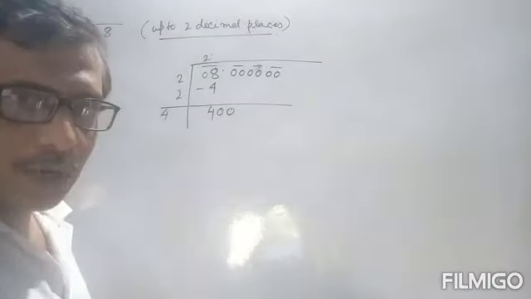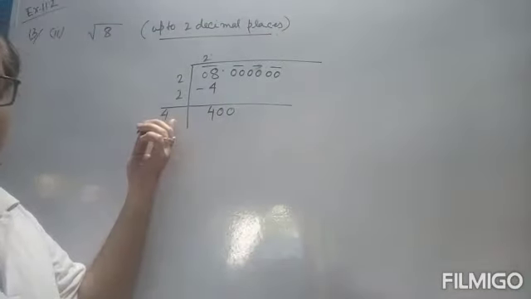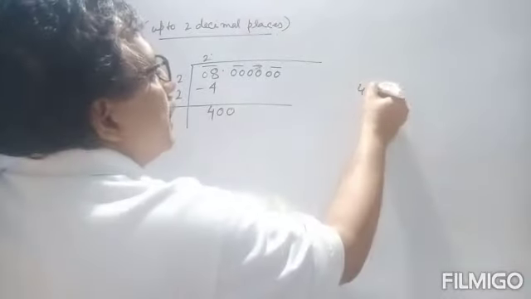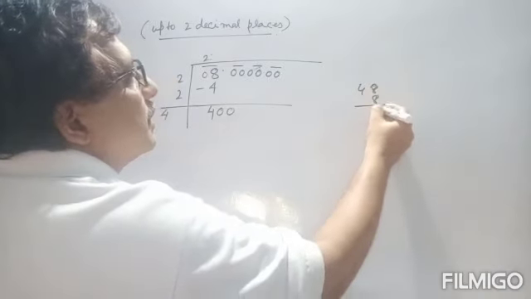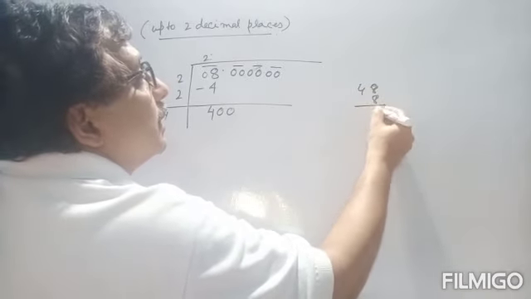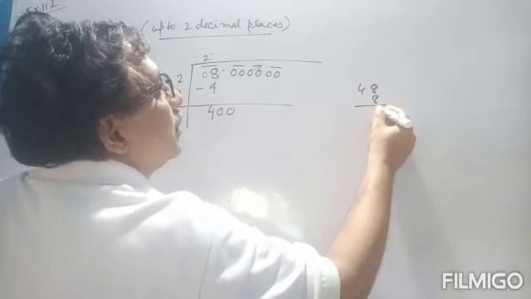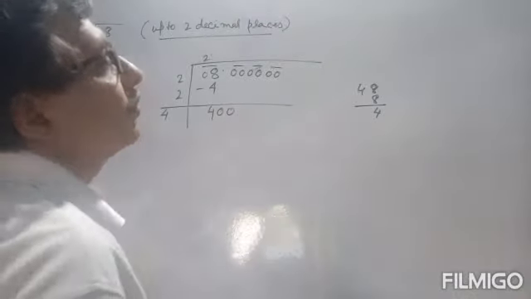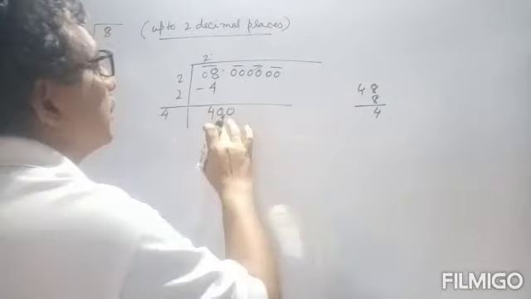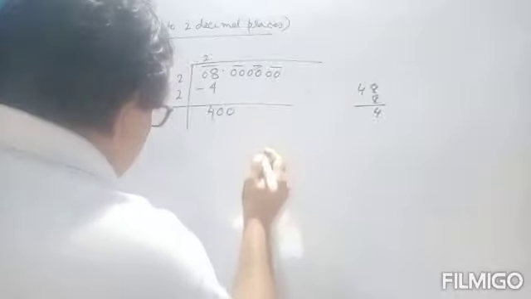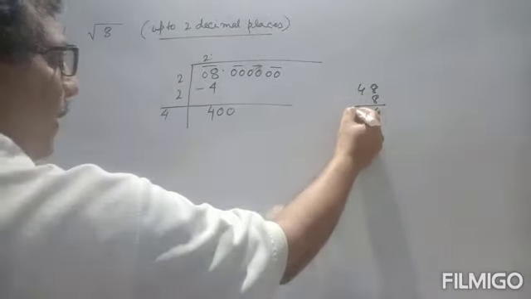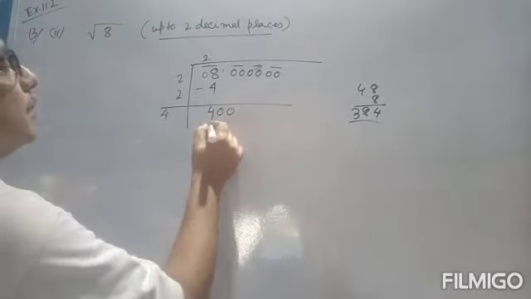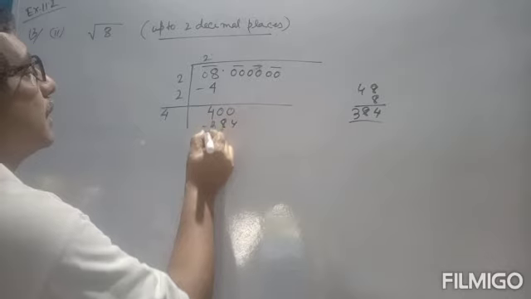Because 48 into 8 is just less than 400. 48 into 8, how much must this be? 8 8s are 64, and 32 plus 6 is 38, then 4 is 384. So put 384 here and subtract.